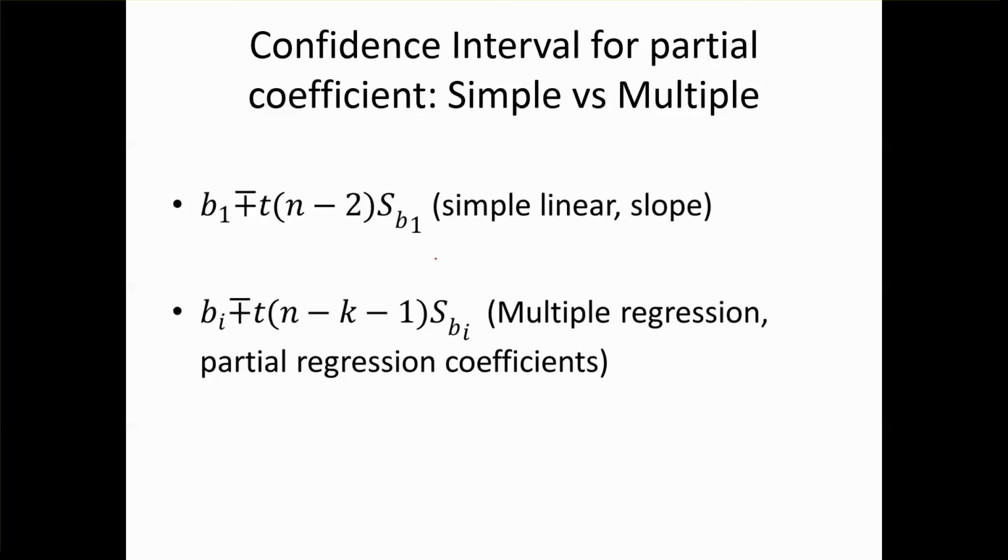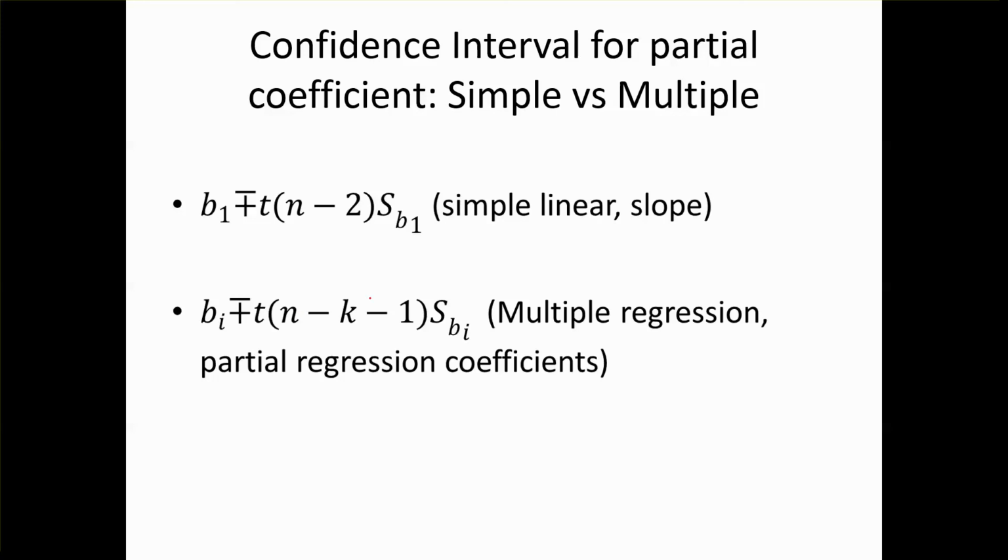However, in the multiple regression model, we have many betas, so the only change is the t-statistic. Before we were using the t-statistic with degree of freedom n-2. Now we are using the t-statistic with degree of freedom n-k-1. The k, or p, is the number of independent variables.